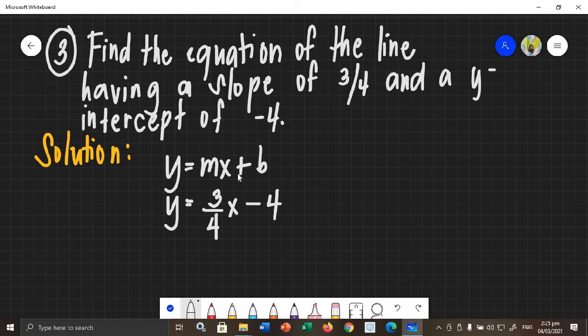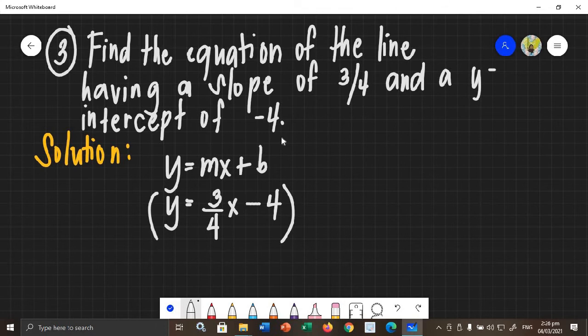And then, we need to multiply the whole equation by 4, kasi we need to cancel out yung fraction dito. Kapag yung y-intercept yung given na fraction, that is okay. But then, kapag yung slope yung given na fraction, you need to cancel out the denominator.